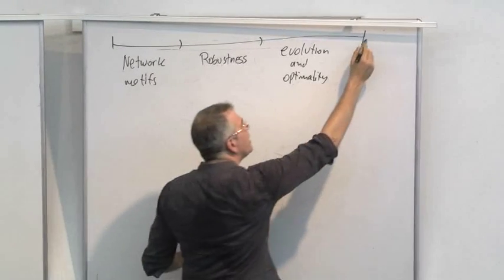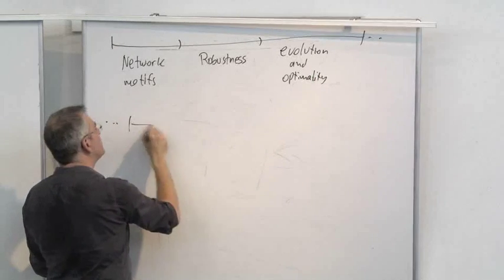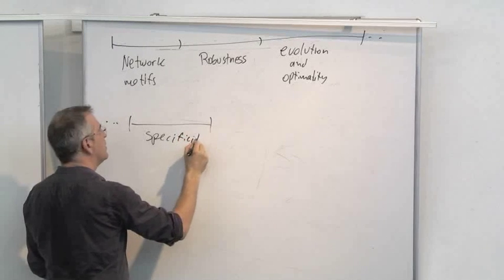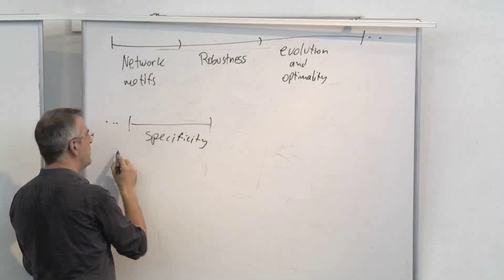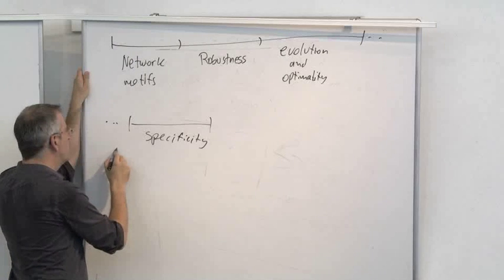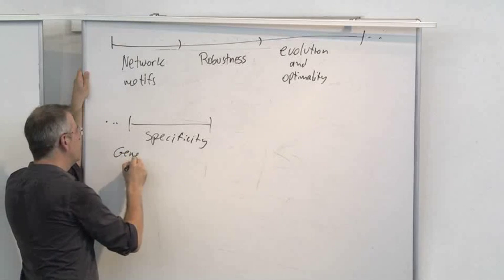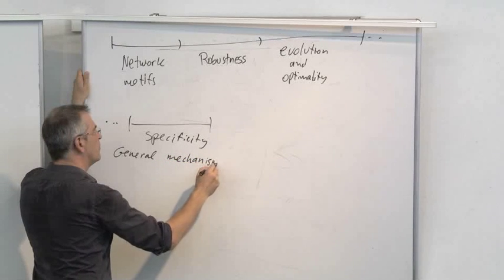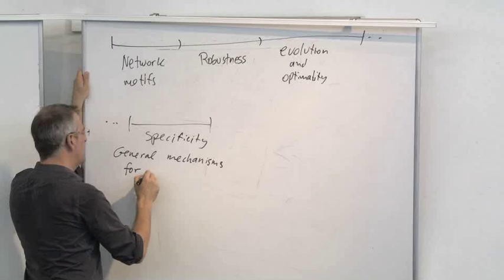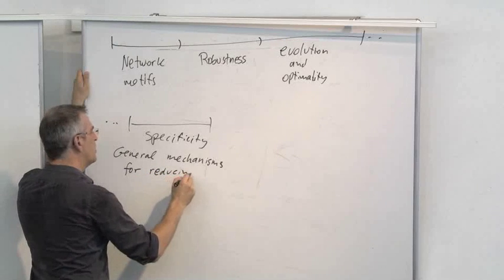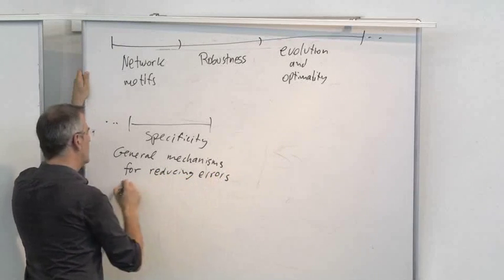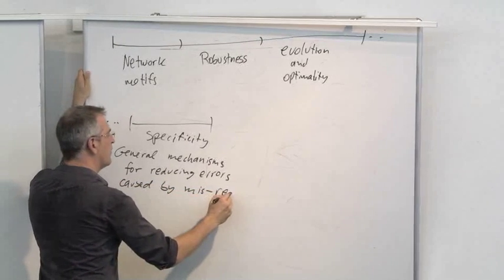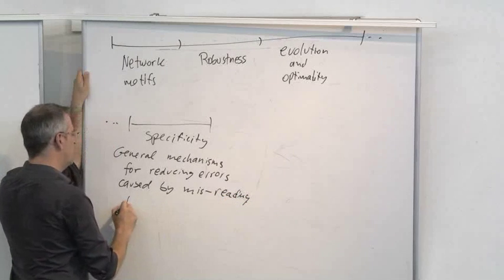And now, in this part about specificity, what we're trying to look for are general, universal mechanisms for reducing the errors caused by misreading the target.